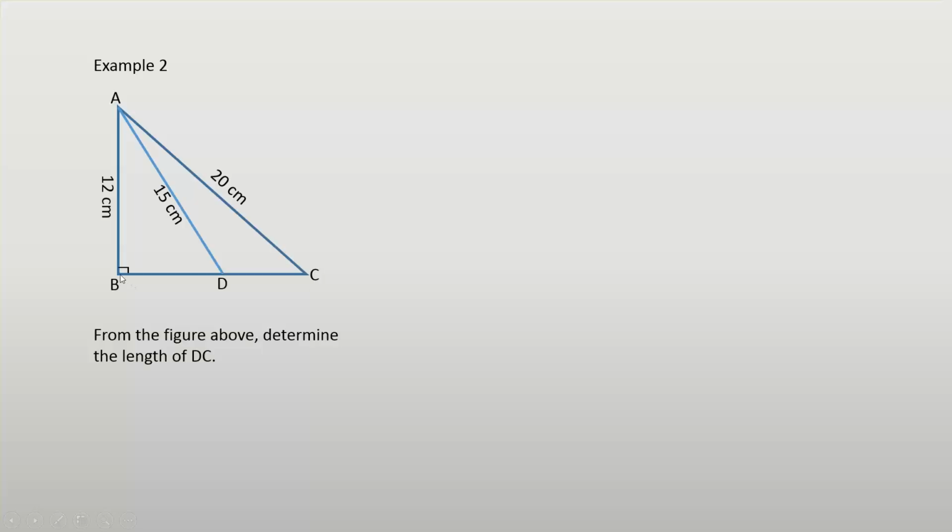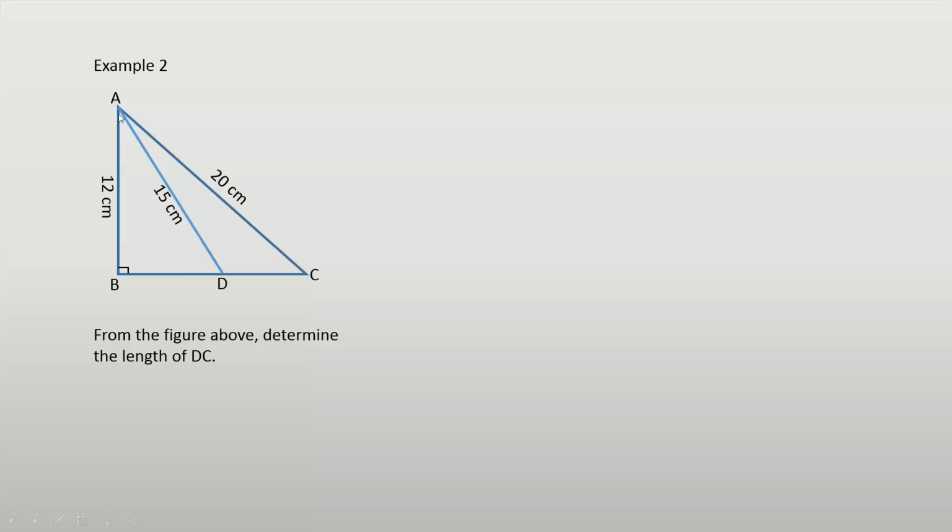To determine the length of BC, please consider the triangle ABC. You cannot consider the triangle ADC because triangle ADC is not right triangle. So we cannot use the Pythagorean theorem.